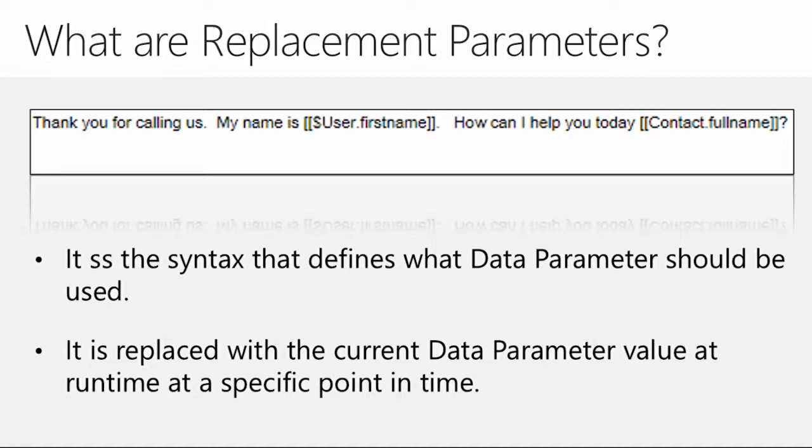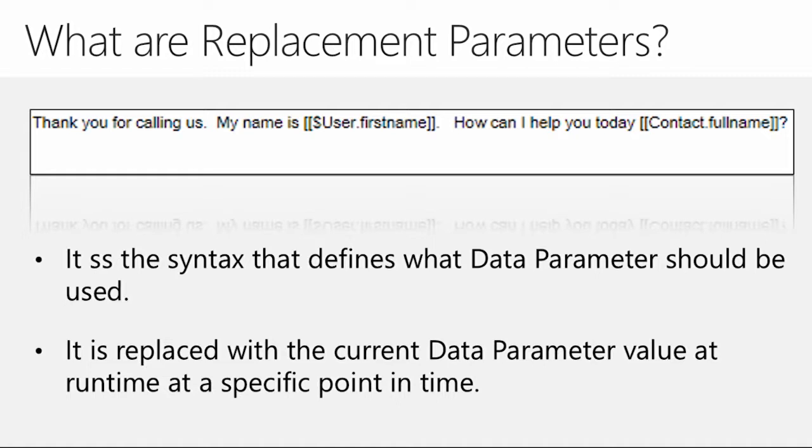The first one is going to be the username, and the second one is going to be the name of the contact that we're going to work with. At runtime, these parameters are going to get replaced inside the application. It's going to look for who the user is that's currently logged into Unified Service Desk, and it's going to look for the contact record that's being displayed inside the application.